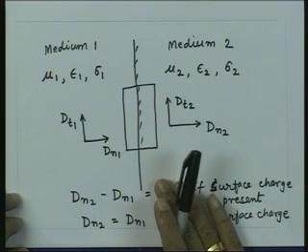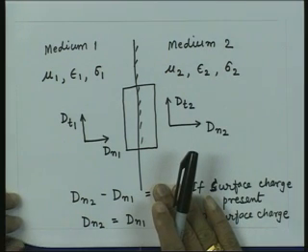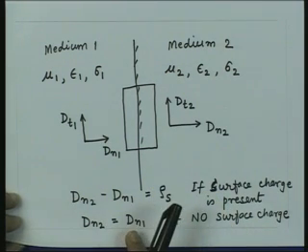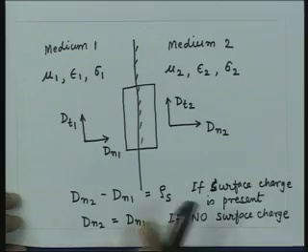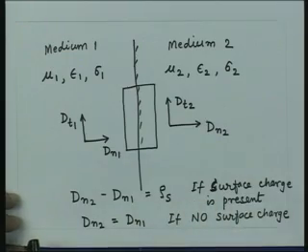So, this quantity will be identically 0. So, the normal component of the magnetic flux density will be always continuous. So, we have from this Gauss law two things, what is called the boundary condition.